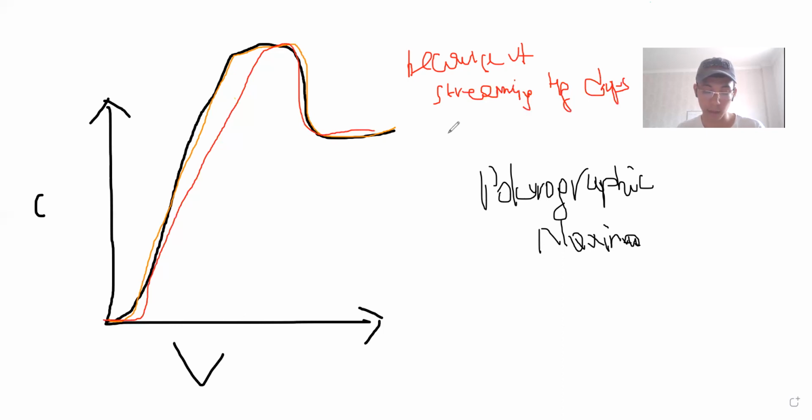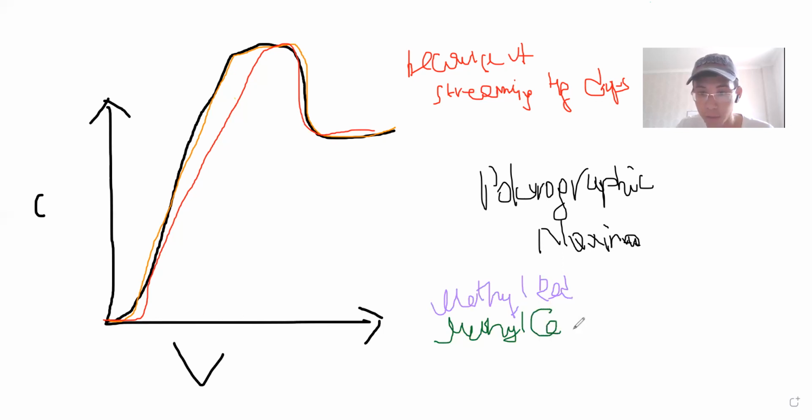We can prevent it by adding reagents. We have some reagents that help us avoid it. The first one is methyl red. It's not visible, let me choose some nice color. Green. Methyl cellulose.